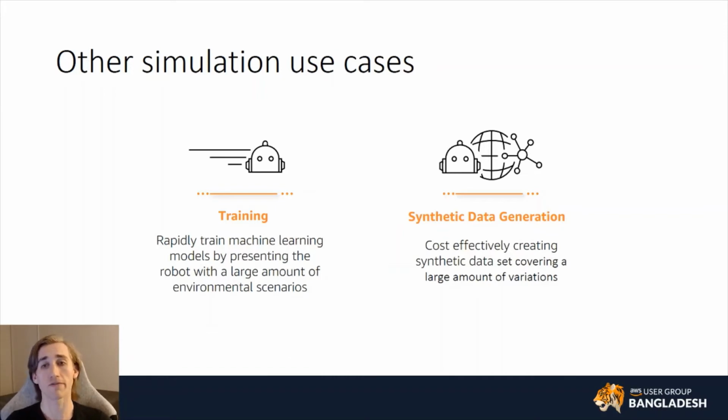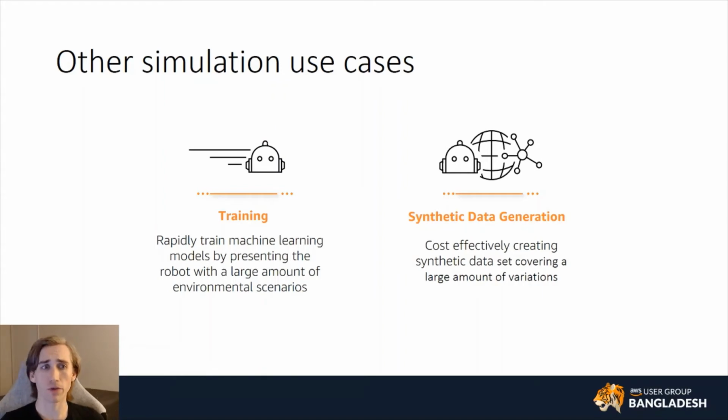And so if I wanted to use the simulated environment to do this training, the data is going to look the same in the virtual world as it will in the real world. And so we can use this to generate large data sets for training our robots without ever having to touch the real world, which just saves a ton on cost, safety, and time.